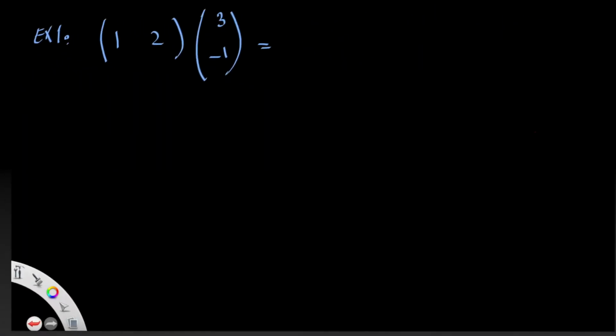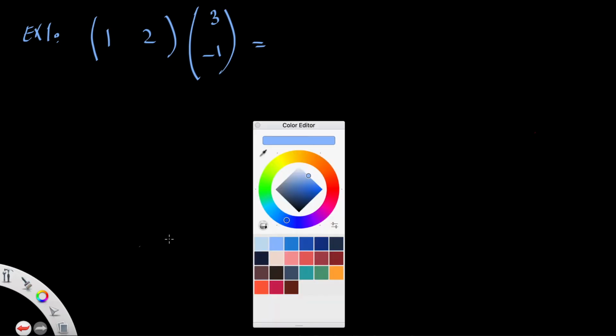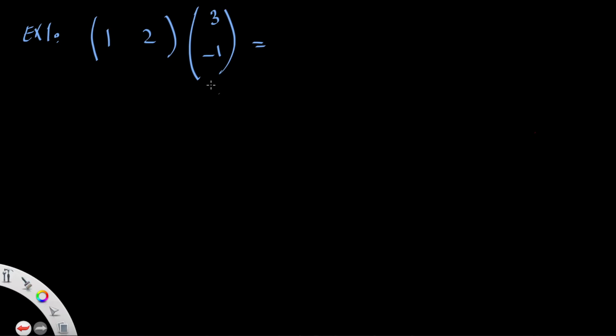Now the first example: you are supposed to find the product of the matrix [1 2] and [3 -1]. Now, first, if you see here, you have a 1 by 2 matrix, because 1 row, 2 columns. So the order is 1 by 2.